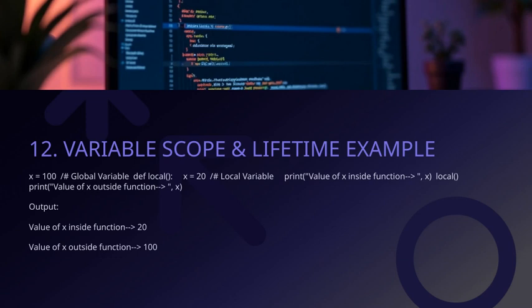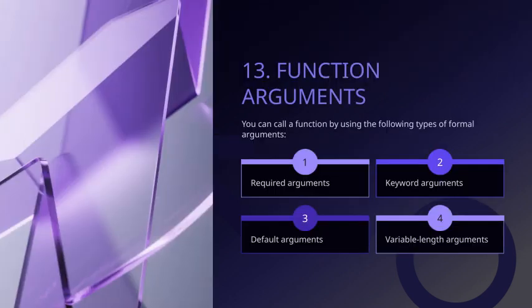Now let's talk about function arguments. When you call a function, there are several types of formal arguments you can use to pass data into that function. First, we have required arguments, which are the essential pieces of information that the function needs to operate. Without these, the function can't run properly. Then, there are default arguments, which have predefined values. If you don't specify a value when calling the function, it will use these defaults.